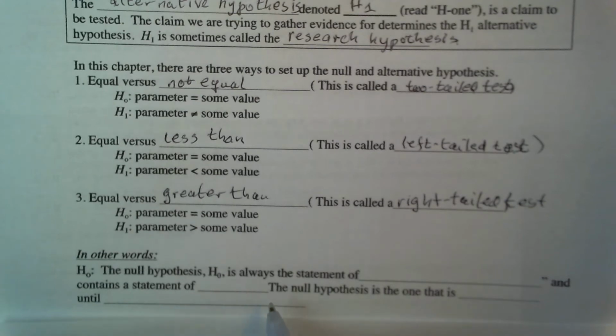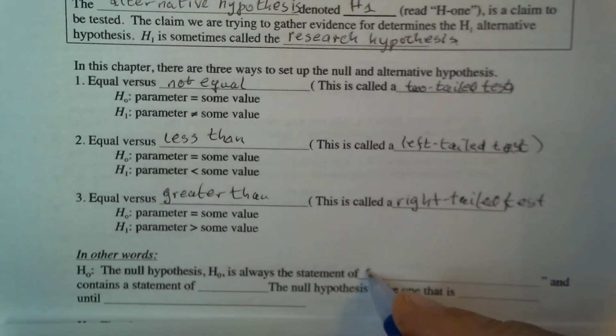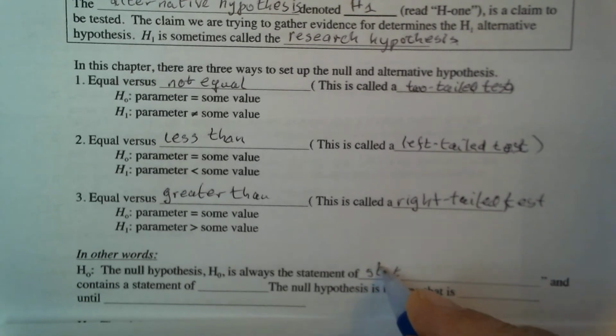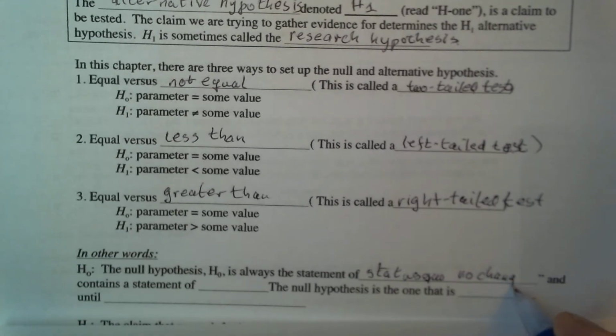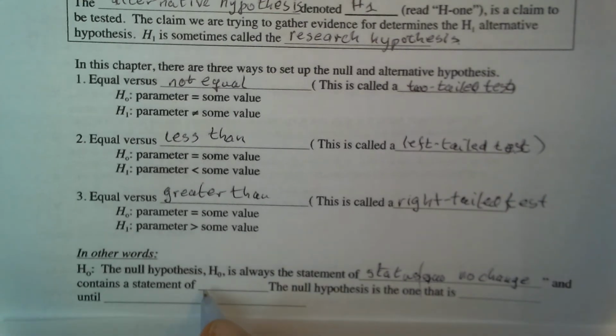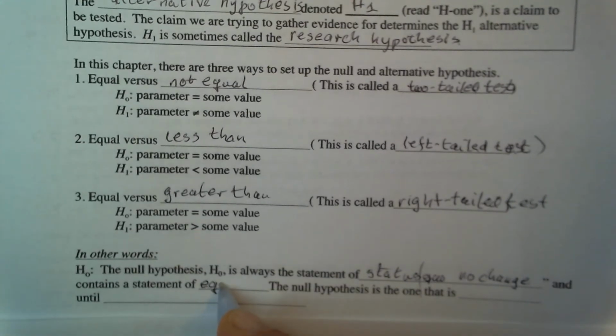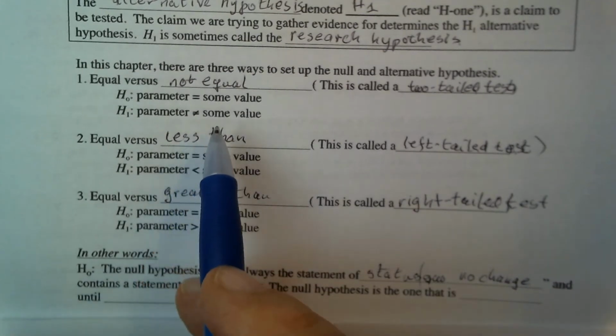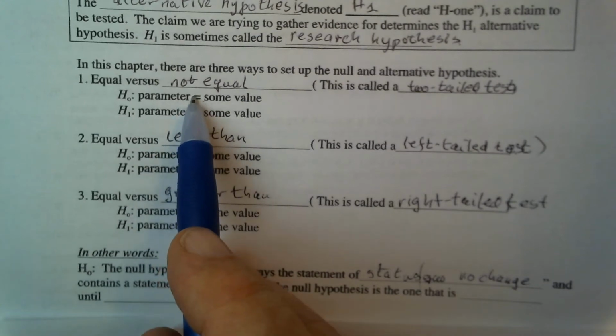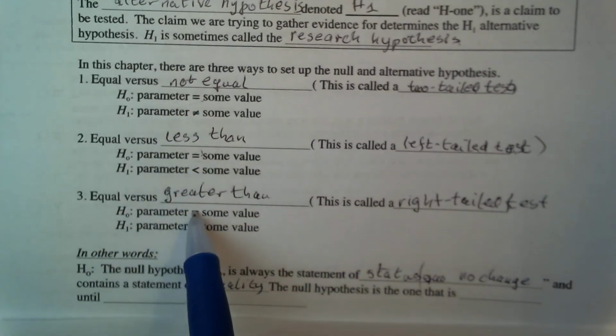In other words, the null hypothesis H0 is always the statement of status quo, which means no change, and contains a statement of equality. If you look at the previous examples, you notice H0 is always with an equal sign.